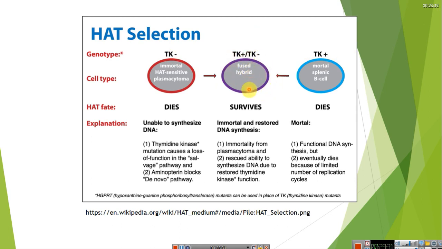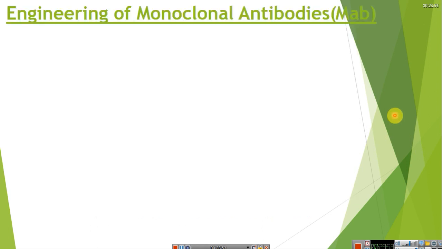Because aminopterin is there, they are not able to carry out the de novo pathway, but they are able to use the salvage pathway and they survive. Okay, so that's how HAT medium helps in selection of hybridoma cells.